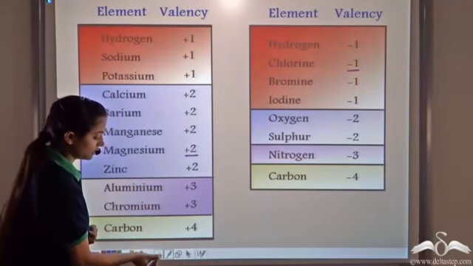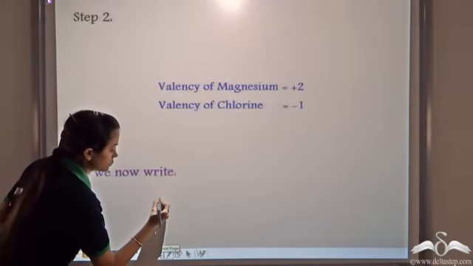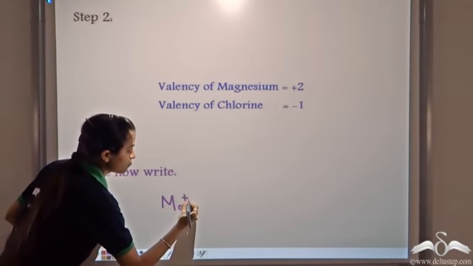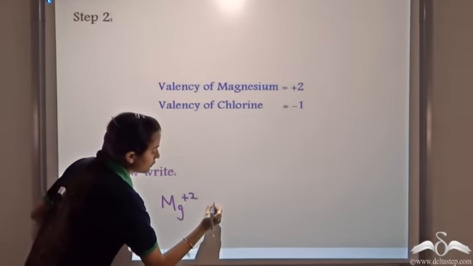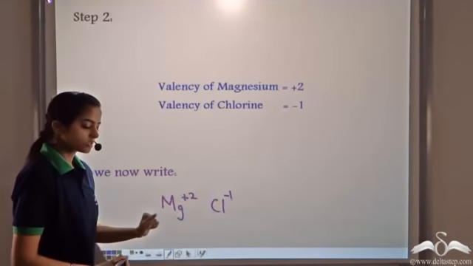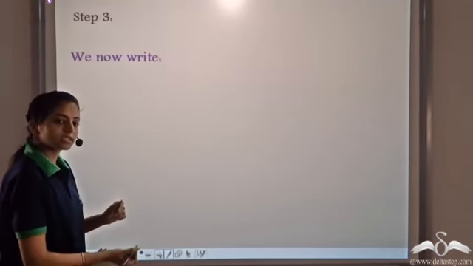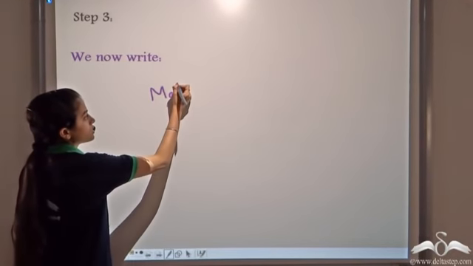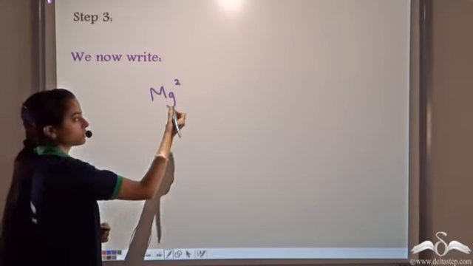So now we'll write the valencies. Valency of magnesium is +2. Valency of chlorine is -1. So we write these as superscripts. And in the next step, we exchange these valencies. So we write the valencies, ignore the signs.